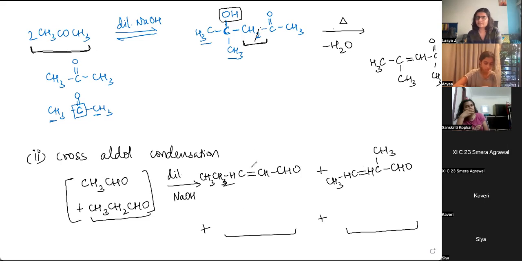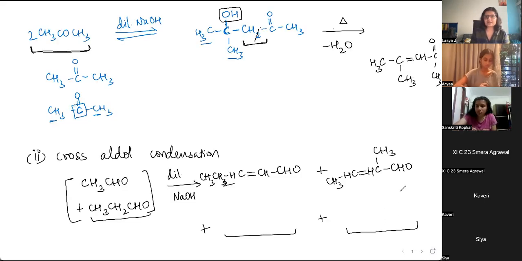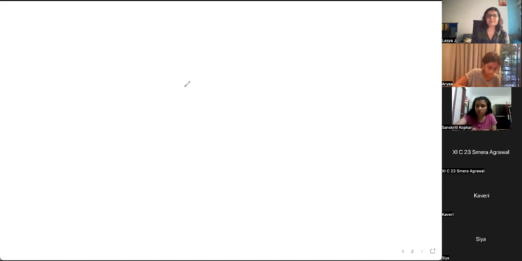Okay, so four different possibilities of products. And then final reaction. So aldol condensation is specific to if it has alpha hydrogen only.